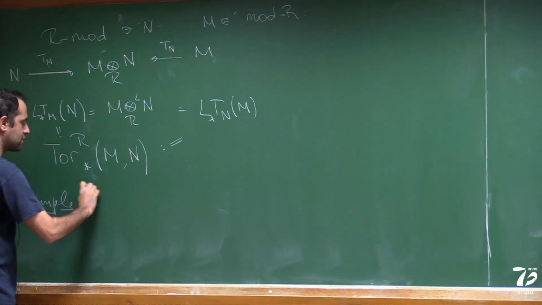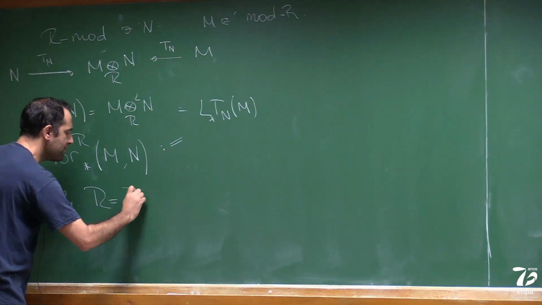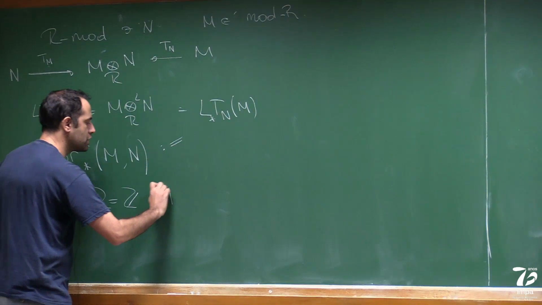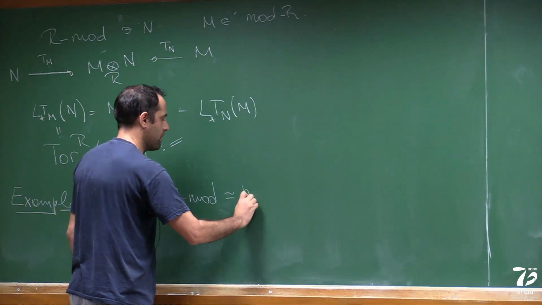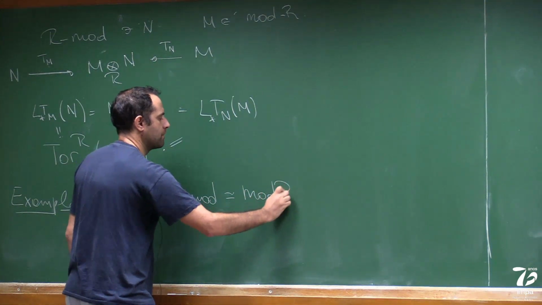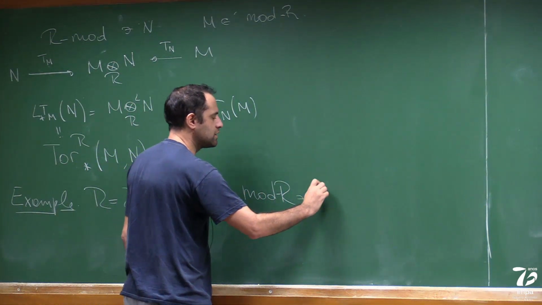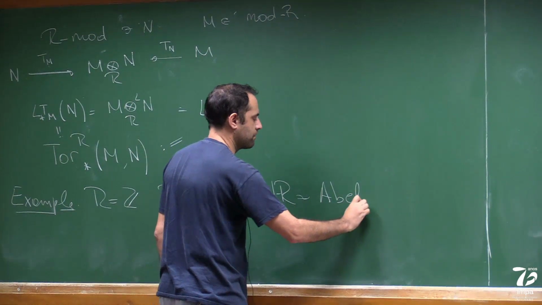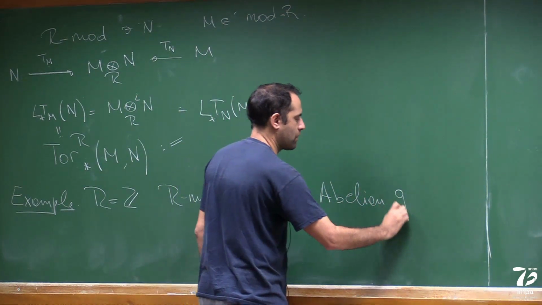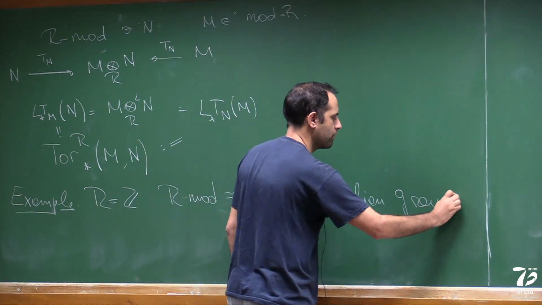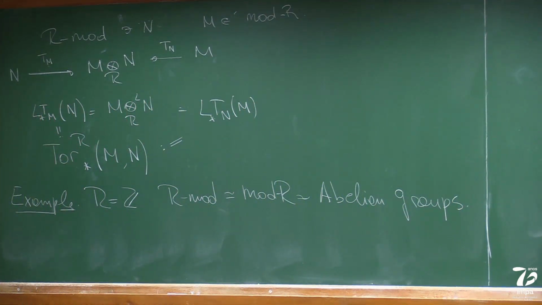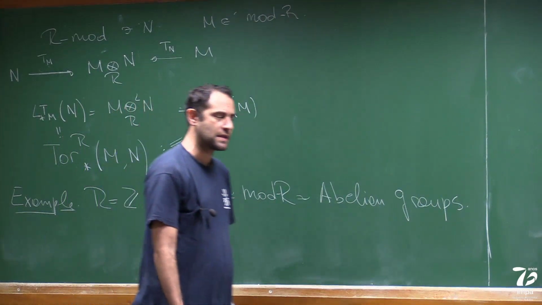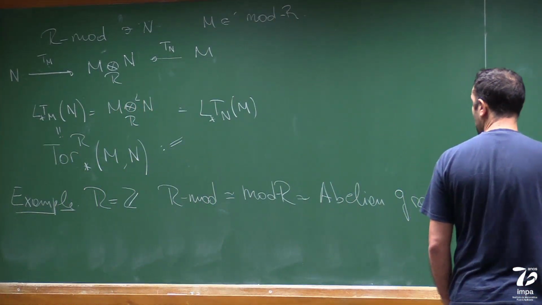The example is the ring R to be Z. Then R modules, or right R modules, are the same thing, and this is just abelian groups, and the tensor product is just the tensor product of abelian groups.